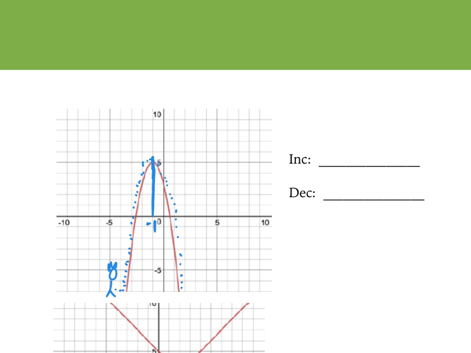So if I look, Robert's going to the left forever. So he's starting off at negative infinity and going to negative 1. That's where he's increasing. And then he's decreasing from that negative 1 to positive infinity. Questions on that?